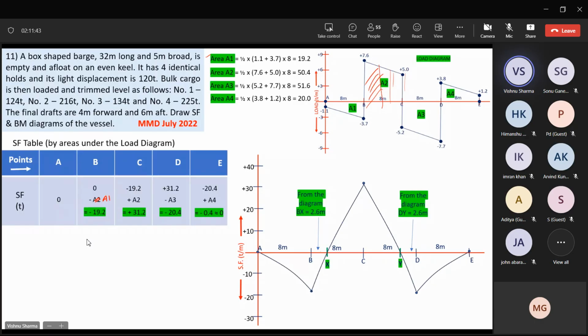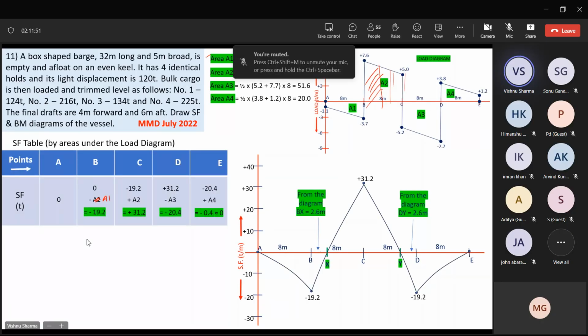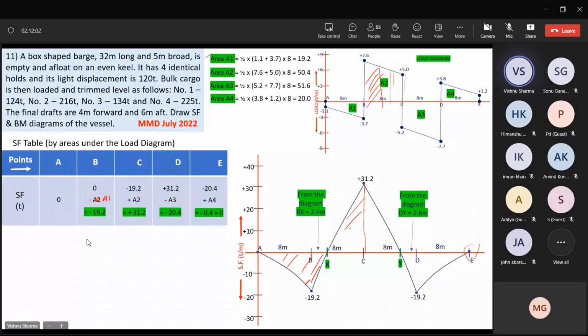Okay, now in this diagram, guys, we put these values here before I go to the next page. In this SF diagram, if the BM at E has to be 0, then what do you mean? That means this area should be equal to this much, yes or no, beta?